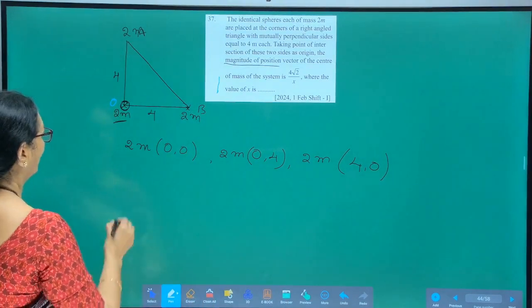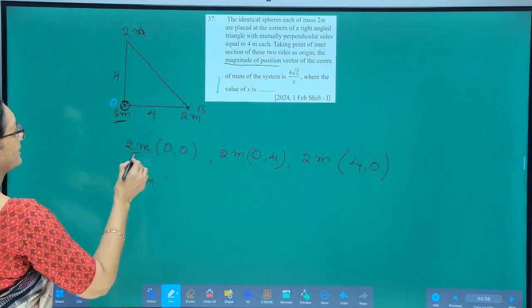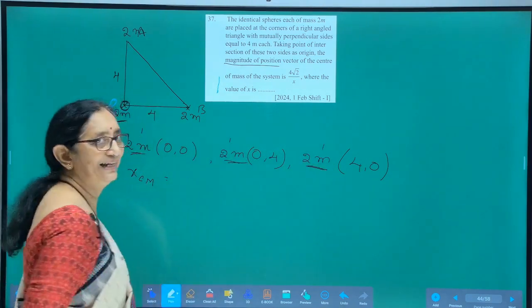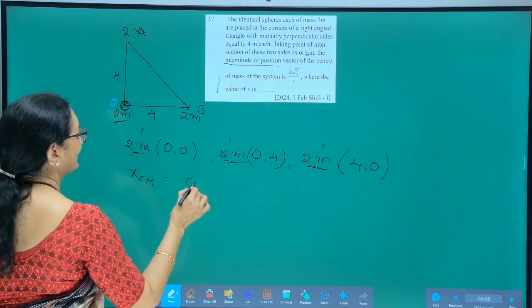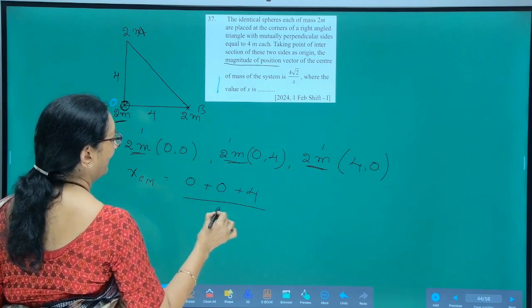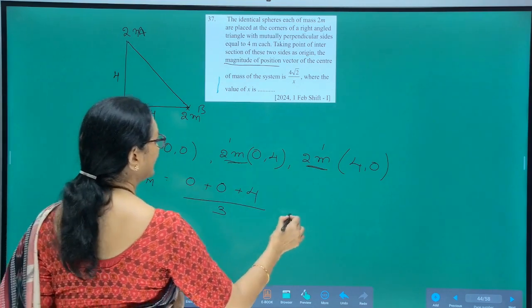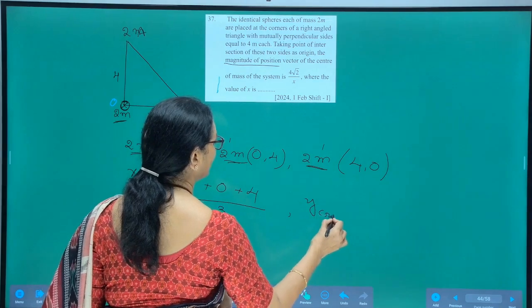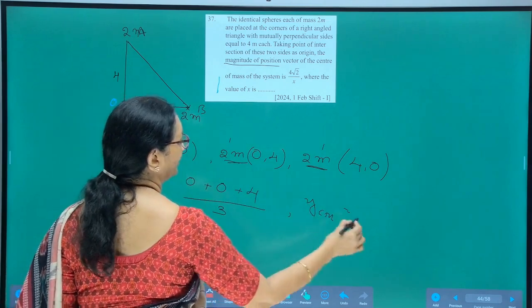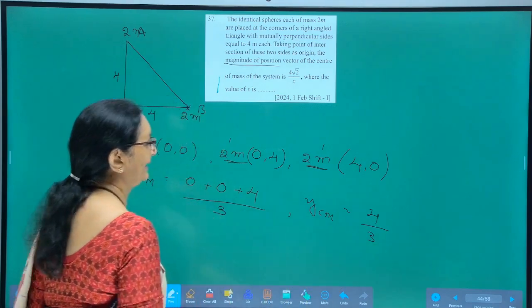Okay. So, xcm is equal to, actually as all masses are same here, we can take them as 1 each. m1 x1 plus m2 x2 plus m3 x3 by m1 plus m2 plus m3, that is 4 by 3. Similarly, y coordinate of center of mass is m1 y1 is 0, m2 y2 is 4, m3 y3 is 0, it is 4 by 3.